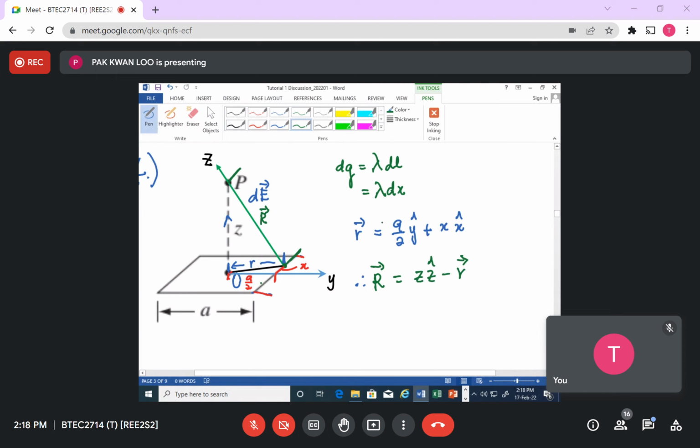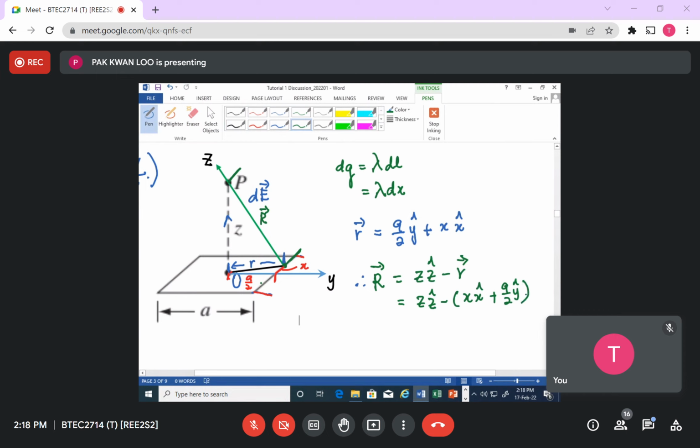However, here I can write z cap minus x cap plus a over 2 y cap.